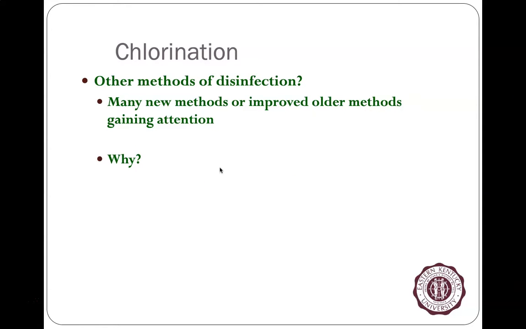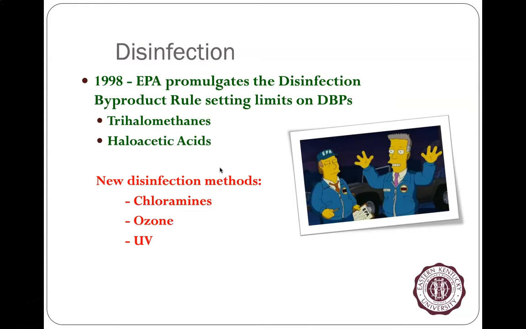So other methods of disinfection. There are other methods that are out there, and again, why could you imagine that they're gaining approval and being better used? Well, one, we know that cryptosporidium from the Milwaukee video is resistant to lower levels of chlorine.